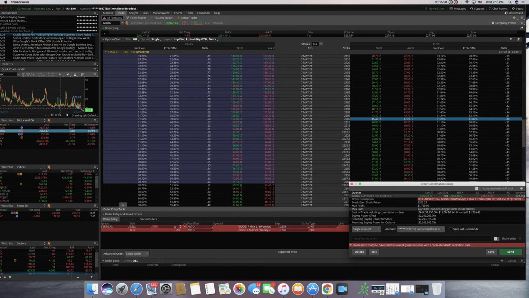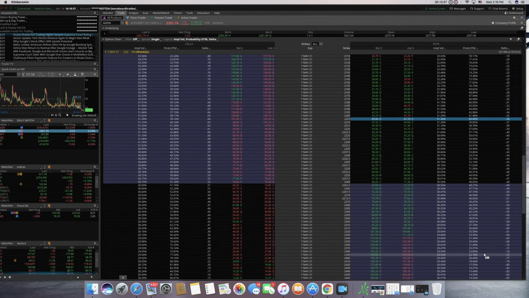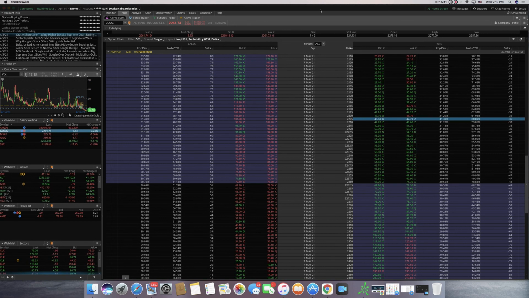And here you can see what our max profit is, what our max loss is, and then the break even point. So that's kind of how I do it on thinkorswim, and how I place those trades with the put credit spread.